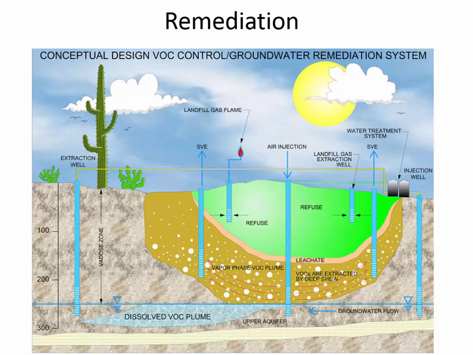So that's one strategy. Another strategy that is illustrated here is they're injecting water in one location and they're extracting it in another, and the water that they extract is contaminated water. And so they put the contaminated water through a filter.